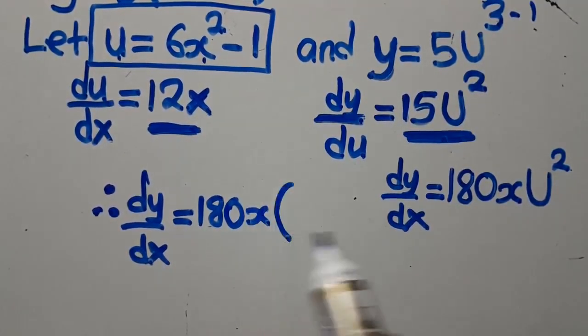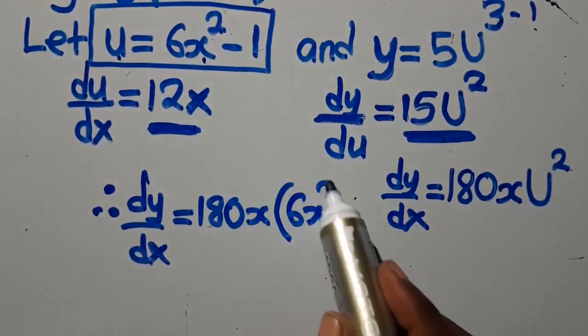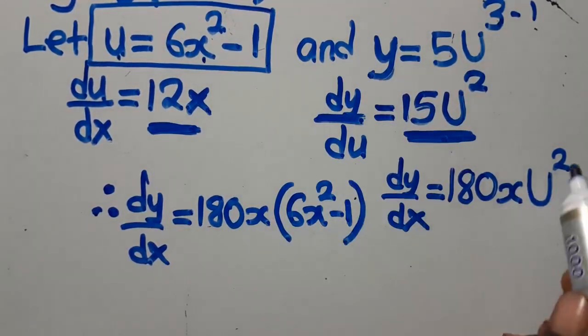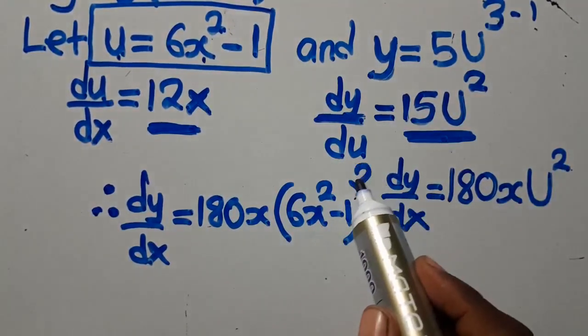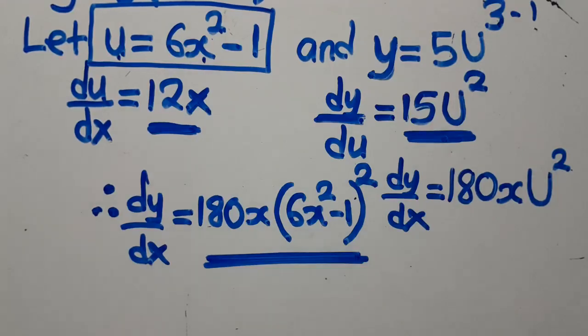Where there is u, you put that, which is 6x squared minus 1, to the power 2. There is a 2, you put power 2 there. So meaning that this is your answer. This is what you are supposed to do.